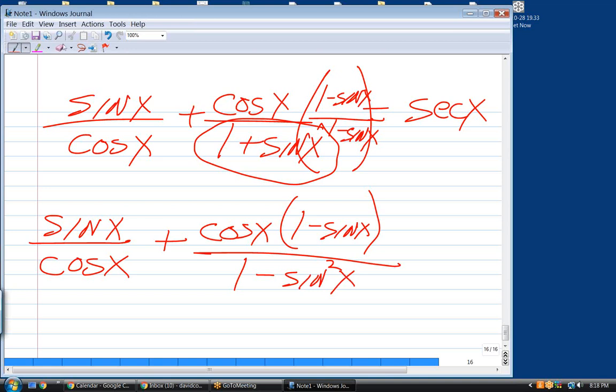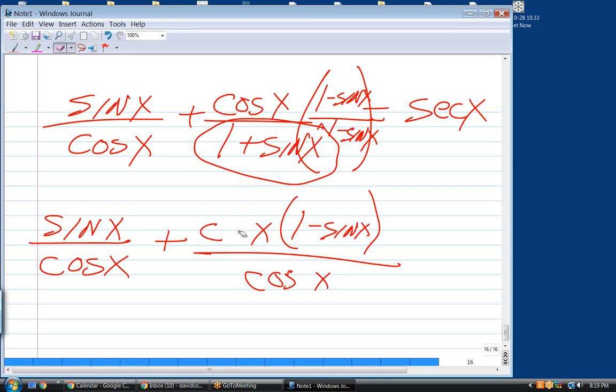Now, I can substitute what for that? Cosine squared. The Pythagorean identity. I just didn't want to rewrite the whole thing. Now, this cosine cancels with that exponent.